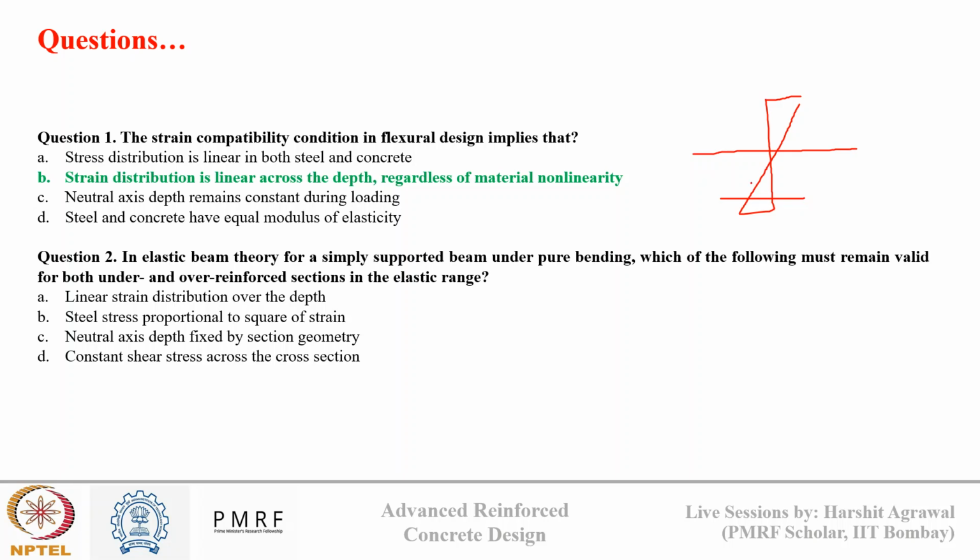So we assume that the concrete contribution is zero here. It is just the contribution of steel that is coming from below the neutral axis. If we talk about this section here, we'll have the strain value, and then correspondingly we can find how much stress or how much resistance concrete is offering to that strain.